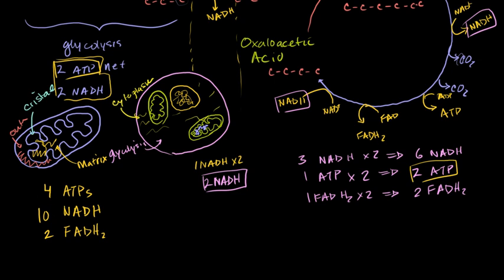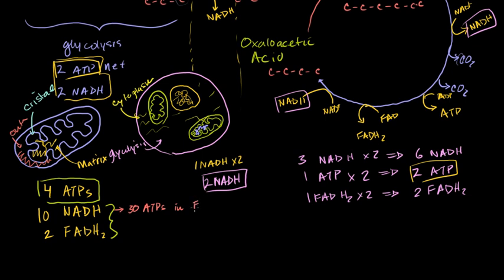So you might say, hey, where are our 38 ATPs? We only have 4 ATPs right now. But these are actually the inputs to the electron transport chain. These molecules get oxidized in the electron transport chain. Every NADH in the electron transport chain produces 3 ATPs, so these 10 NADHs are going to produce 30 ATPs.